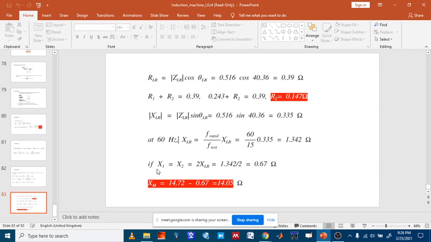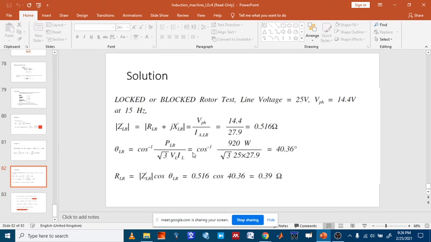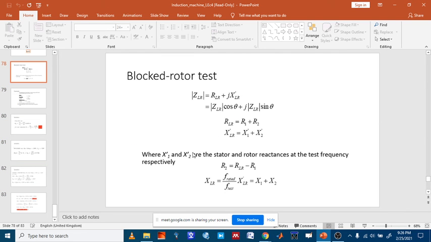Now, if X1 is equal to X2, that means XLR, which is X1 plus X2, considers X1 and X2 to be the same.